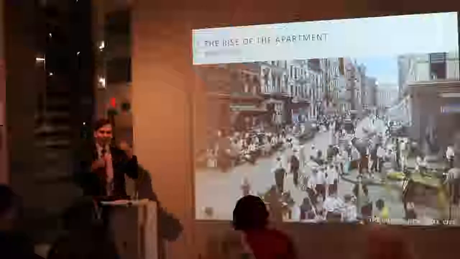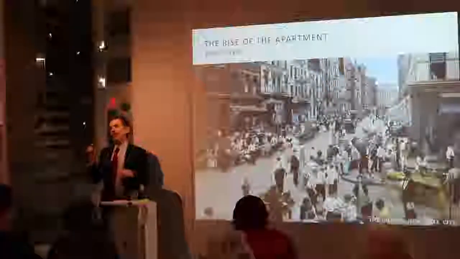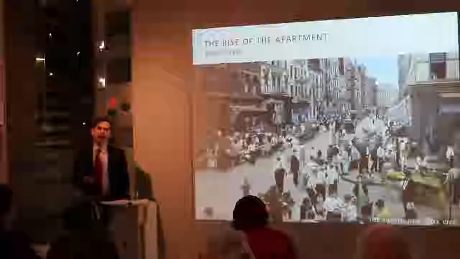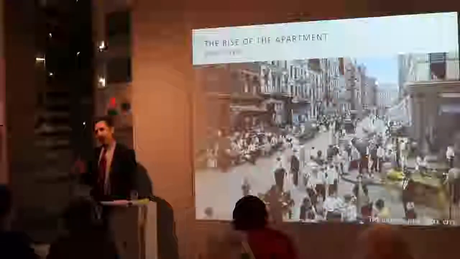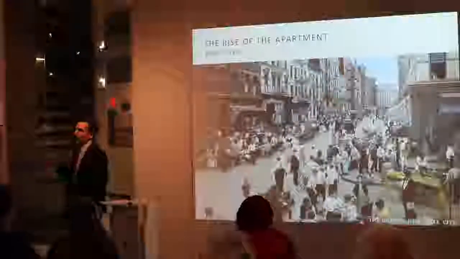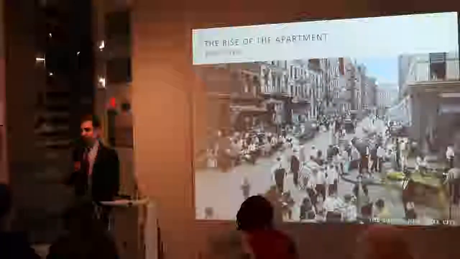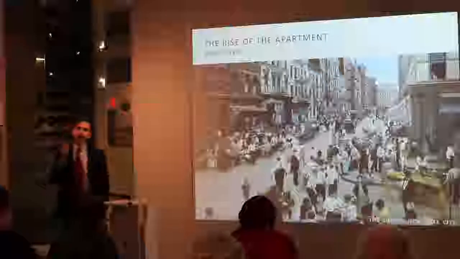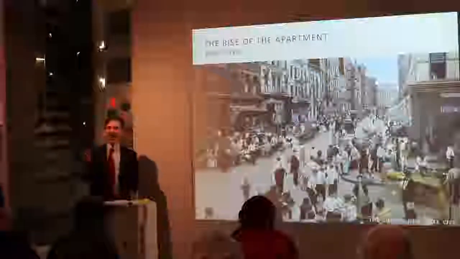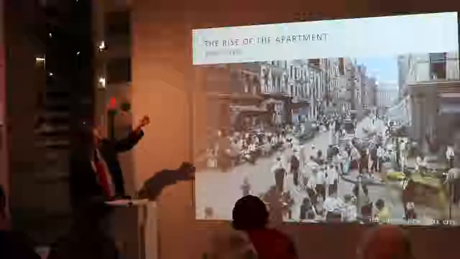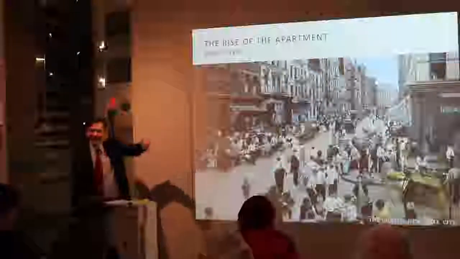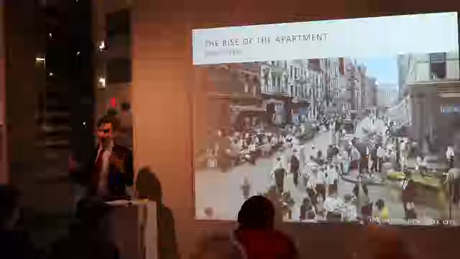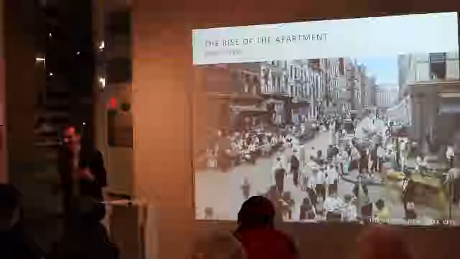We can go back a few decades. It's right after the Civil War that the government starts to get involved in housing. It doesn't get involved originally in terms of the economics of it, in terms of providing housing for the poor per se, but it enters the realm of housing through public health. If you look at this image, you can see it as a kind of petri dish of communicable disease.